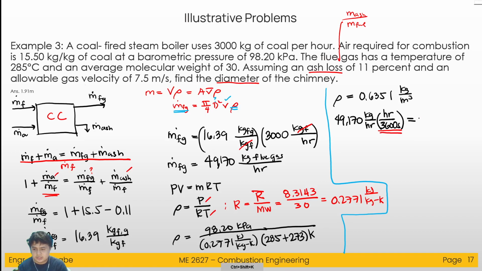And then you have pi over 4 d squared, the velocity is 7.5 meters per second, and then you have the density 0.6351 kilogram per cubic meter.